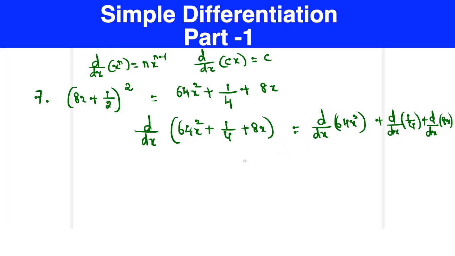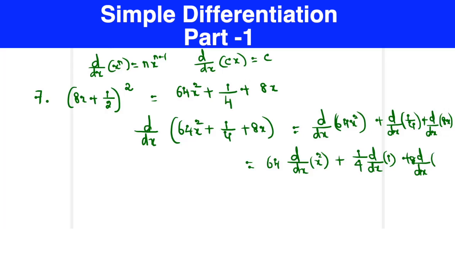Now as we know, the constants are going to come out. So it is 64 into d by dx of x squared plus 1 by 4, if I am going to take out, this is going to be d by dx of just 1, plus 8 into d by dx of x.